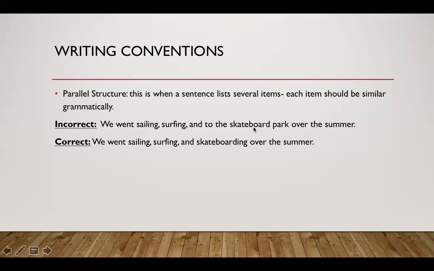And so that's why it's incorrect. So to make the parallel structure correct, you say sailing, surfing, and skateboarding, where all three in the list are action words, and therefore that makes the parallel structure correct.